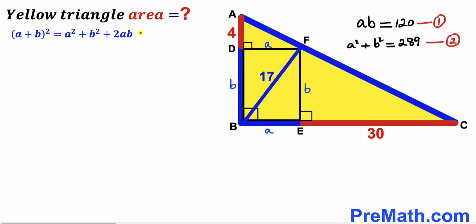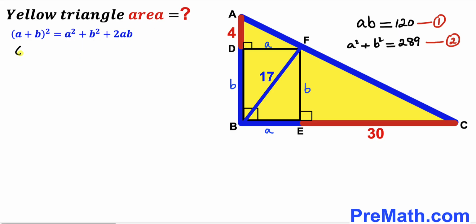And now let's recall this famous identity. a plus b whole square could be written as a square plus b square plus 2 times ab. And here we can see a square plus b square, our value from equation 2, is equal to 289. So I'm going to replace that one with 289 over here. And likewise, this a times b value from equation 1 is 120. So I'm going to replace that one with 120 over here.